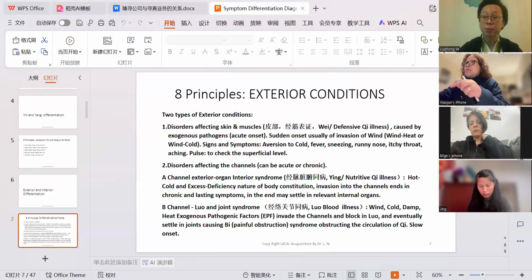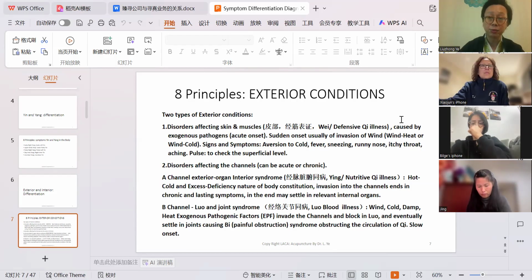However, when you understand a bit more from the 8 principal ways, there are other views you can see. The first thing is that we actually have a different understanding regarding the different levels of exterior and interior.